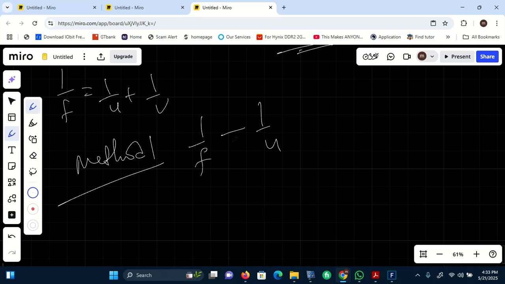When I move 1 over U here, I'll be left with 1 over V, right? As you can see, we left 1 over V. So what do I do? I find the LCM of this, which is FU. F divided by F is 1.